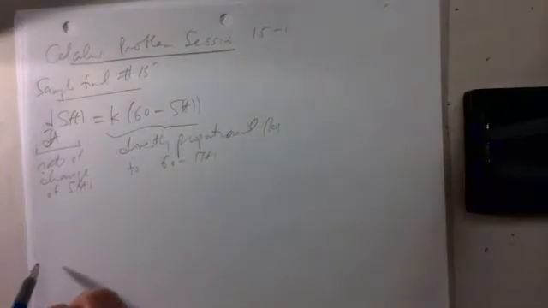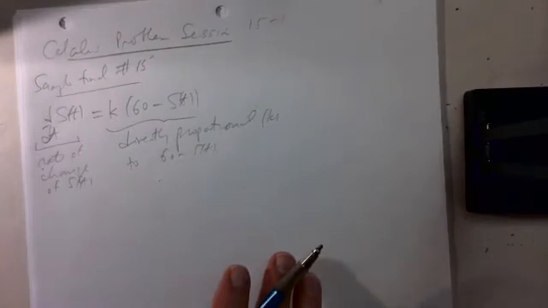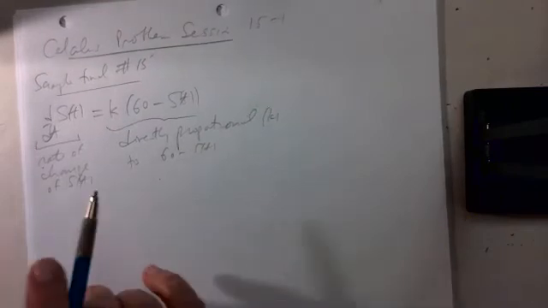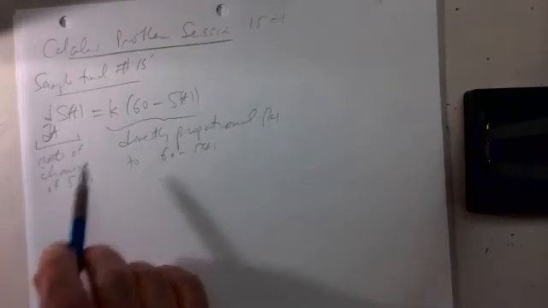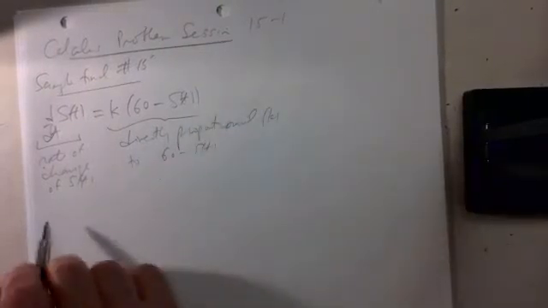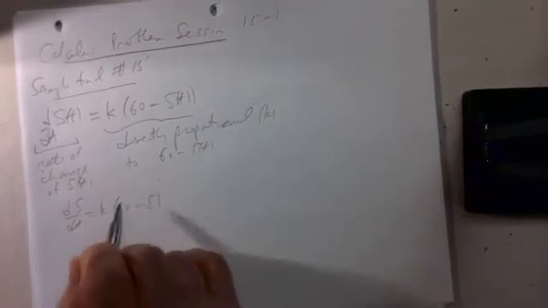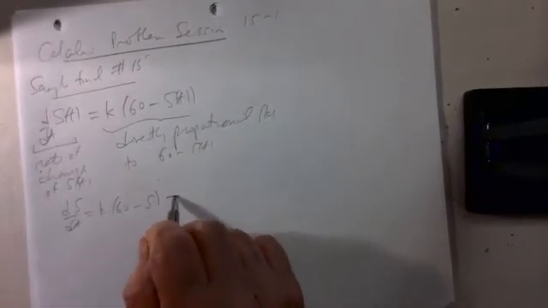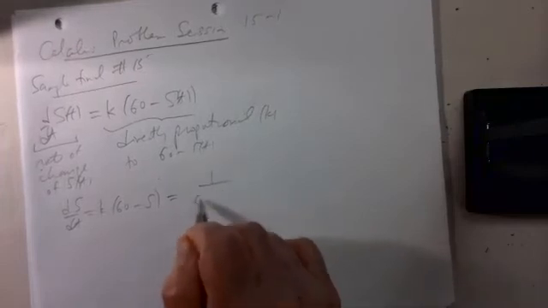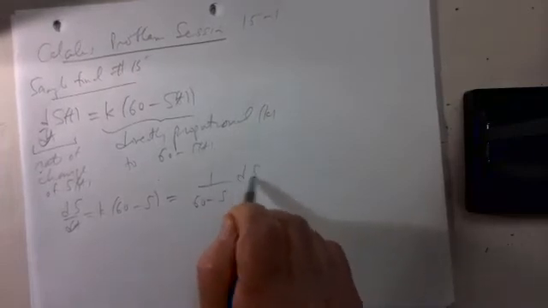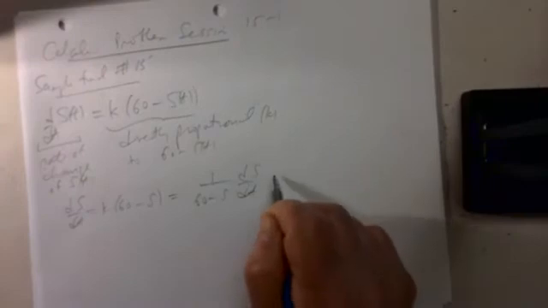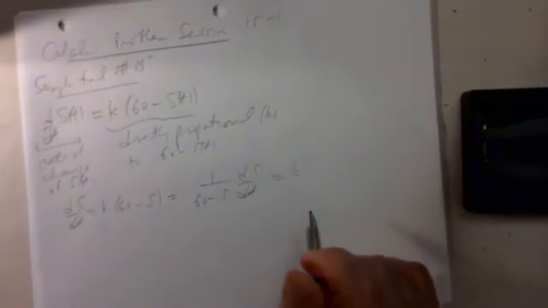And one technique that we have, almost the only technique, is separation of variables. So let me rewrite this as follows. Instead of ds/dt is k times 60 minus s, where s is S of t, I'm going to write this as 1 over 60 minus s, ds/dt equals k.